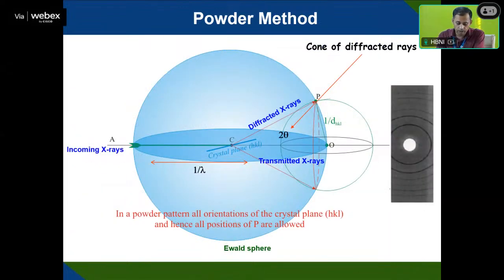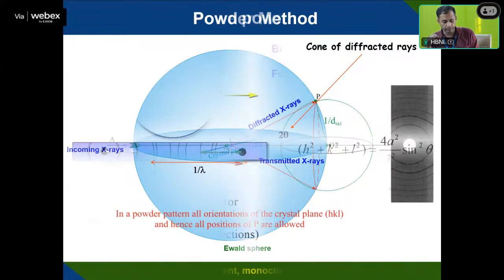Here the sample is kept here, the crystal plane is aligned somewhere like this, and the incoming X-ray falls on it and gets diffracted. Then you get an Ewald sphere. Whatever points lie on this Ewald sphere, you will see as a powder diffraction pattern.